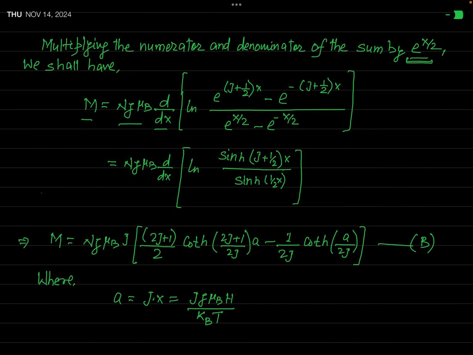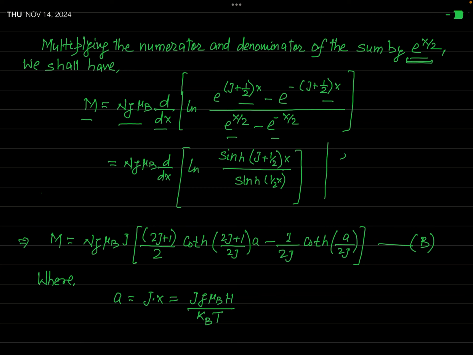This is a simple fact. And so you can see the terms inside this logarithm will become e to the power (j plus half) times x minus e to the power minus (j plus half) times x, over e to the power x by 2 minus e to the power minus x by 2.